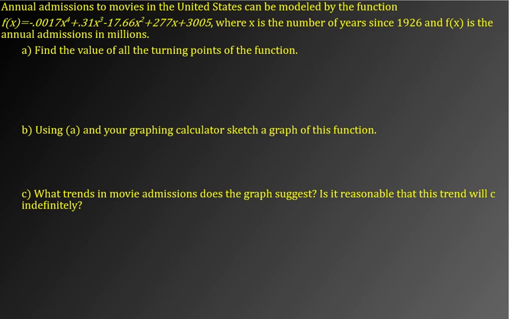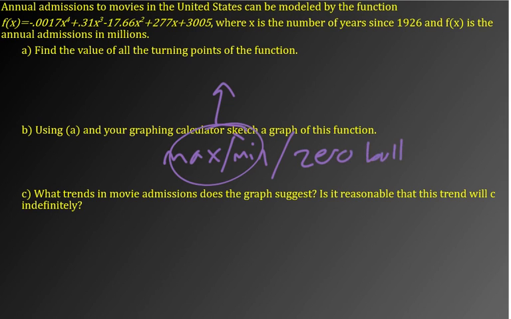I'm going to talk about how to find the value of all the turning points of the function, and then using that I can, in my calculator, sketch it, also using a little bit more of the features from my calculator, again the max, the min, and the zero buttons.